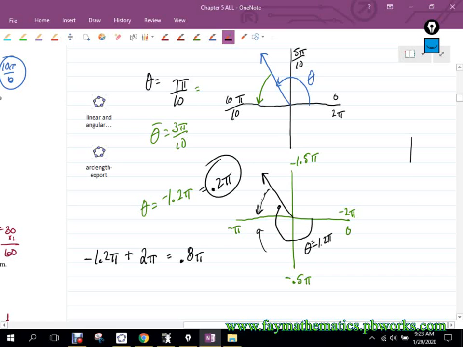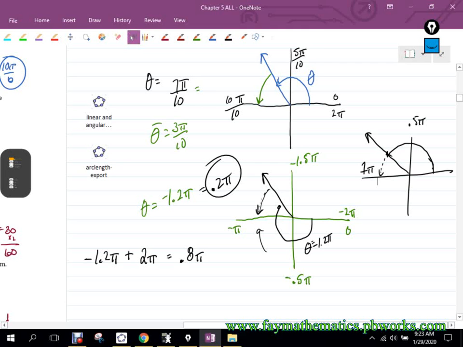Okay, so now 0.8 pi would be moving counterclockwise. This is 0.5 pi. This is 1 pi. 1.8 pi, stop right there. And then how far do you need to go to get to there? 0.2 pi.